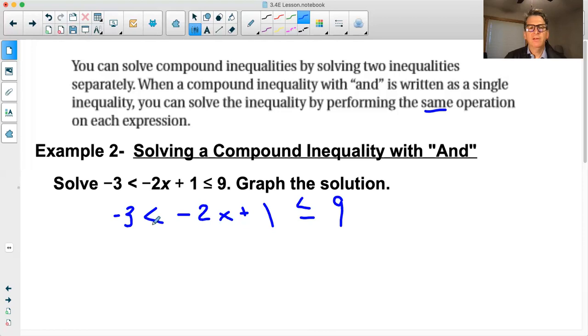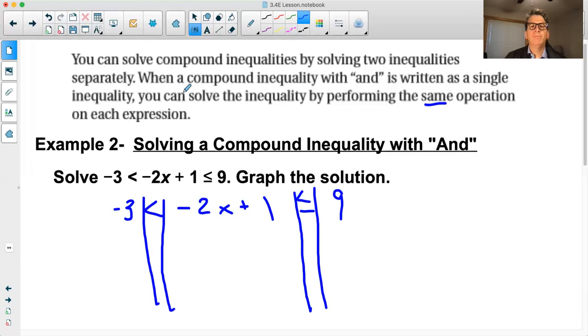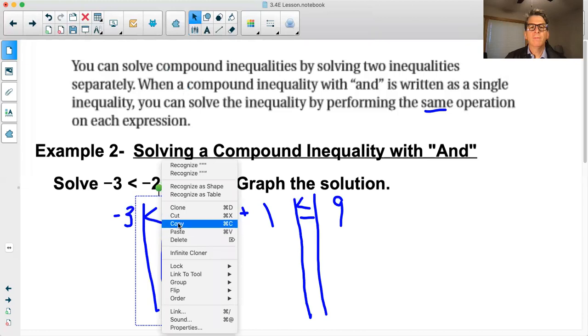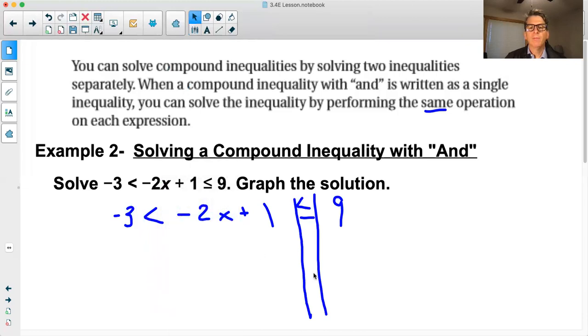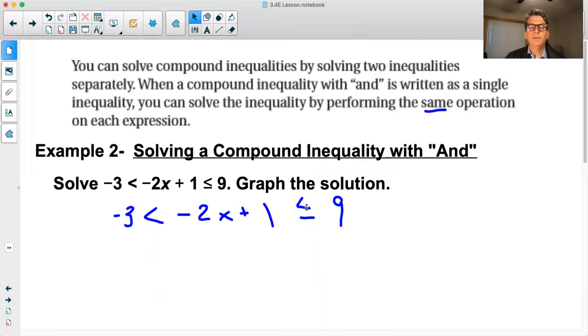Technically you could have a railroad track right here and a railroad track right here, and whatever you do to this side of the tracks, you've got to do to the middle, and you have to do to the other side of the tracks. So we could put those in, but it gets to be a little bit cumbersome, so I'm going to pull that out. In essence, you've got these three parts and pieces to it.